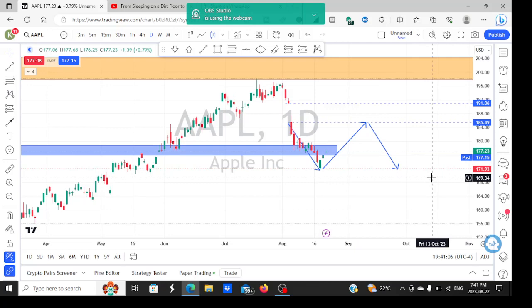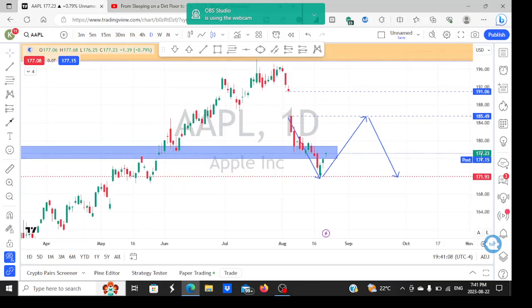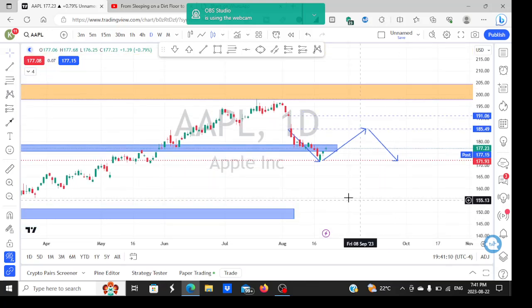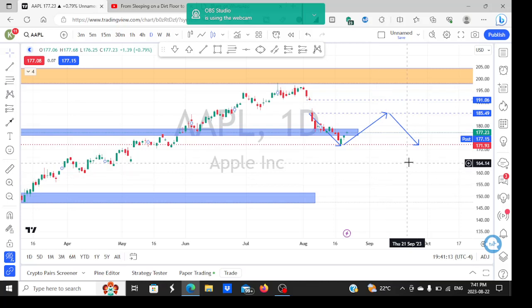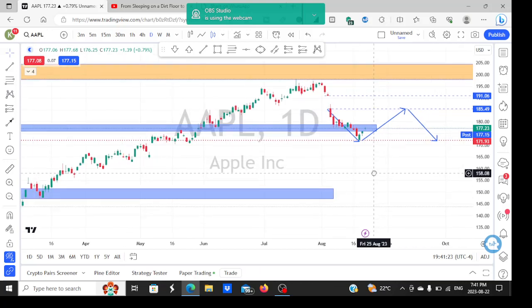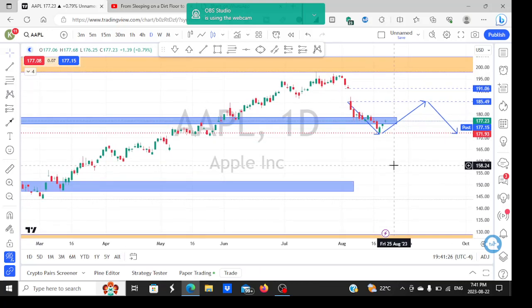So once we come back to 170, Apple may possibly break this zone and come down all the way to 150.